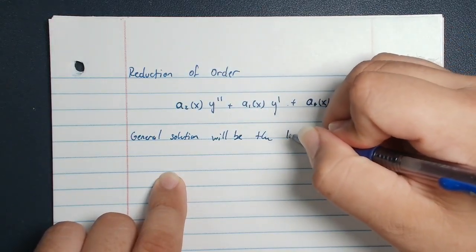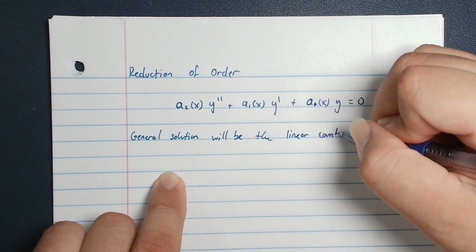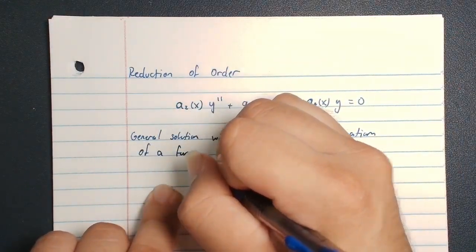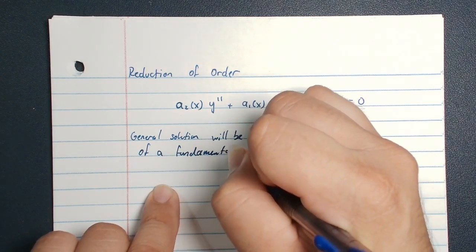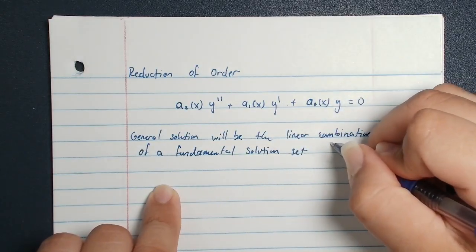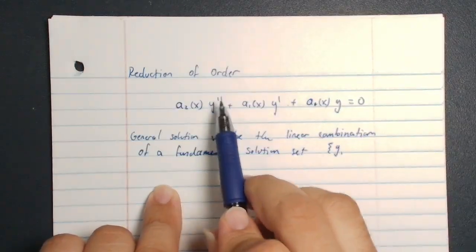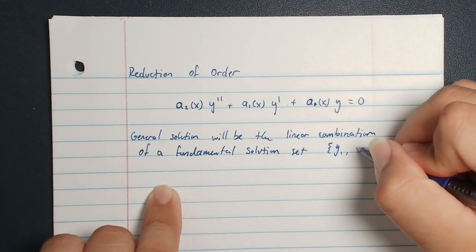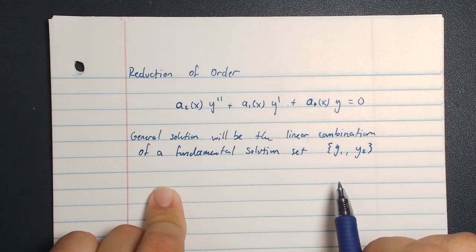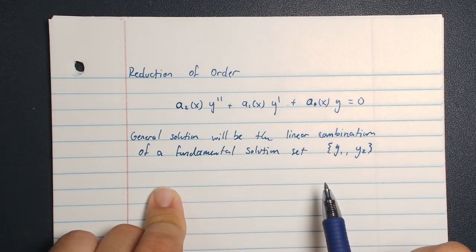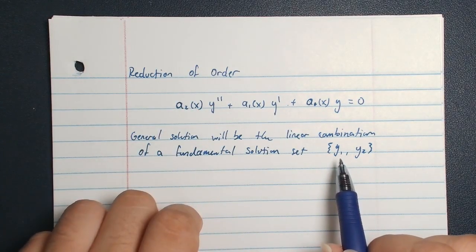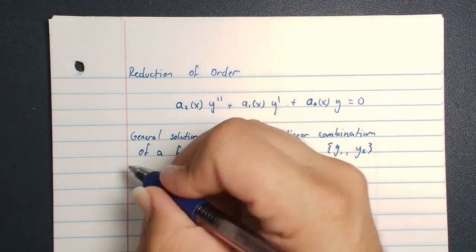That solution set will have two elements in it because, again, this is a second order linear ODE. Now, one thing we remember about the fundamental solution set, in fact, probably the most important thing, other than there being two of them for a second order problem, is that these must be linearly independent.